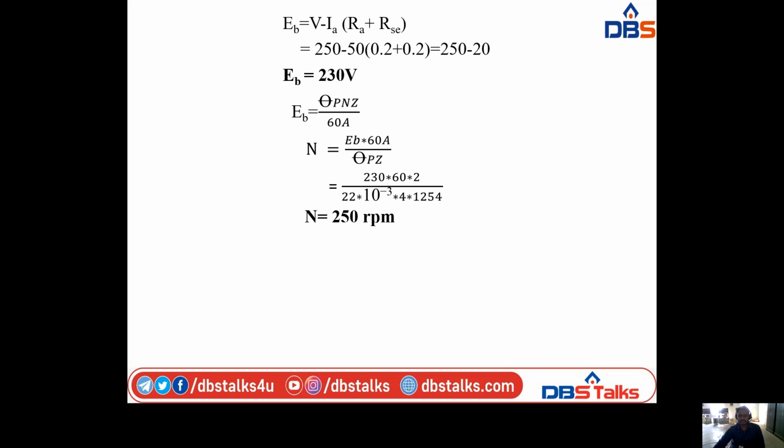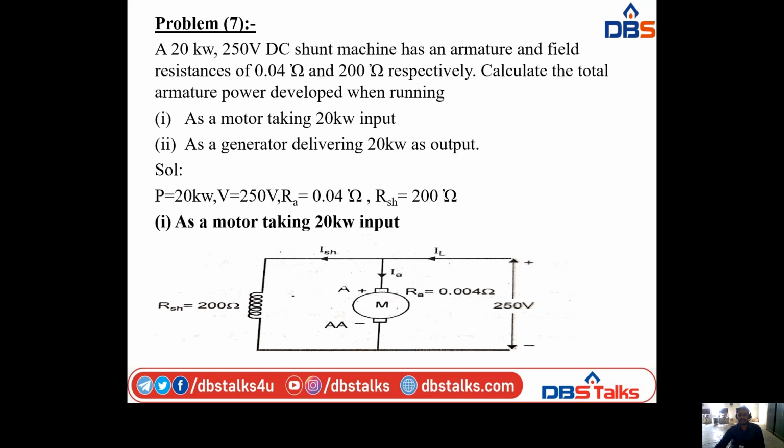So this is the solution for problem number 6. And coming to the 7th problem, they gave a 20 kilowatts, 250 volts DC shunt machine with armature and field resistances of 0.04 ohms and 200 ohms respectively.